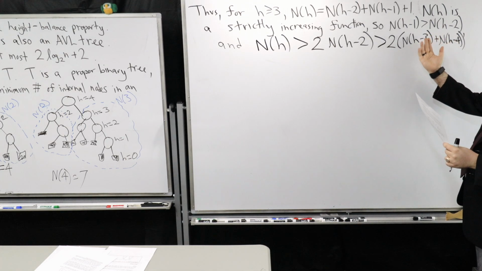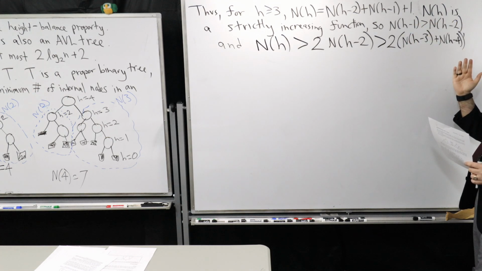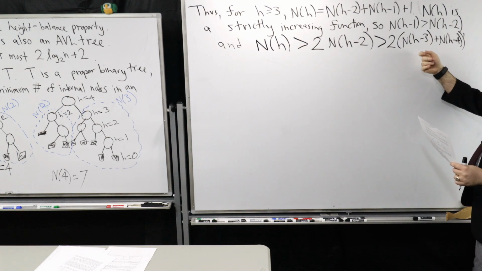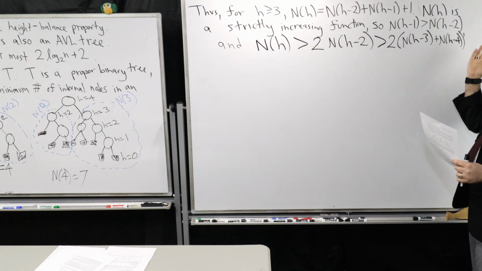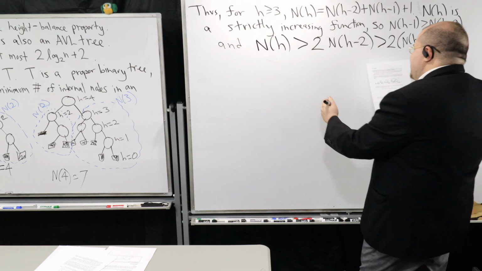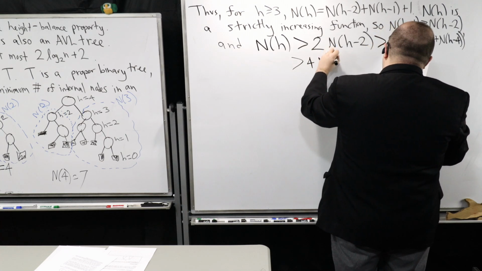So this is going to be strictly greater than 2 times n of h minus 4 plus n of h minus 4. But that means it's 2 times n of h minus 4. So this is all going to be greater than 4 times n of h minus 4.